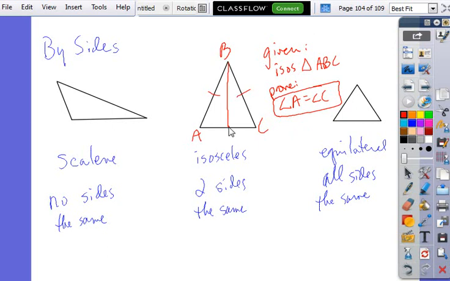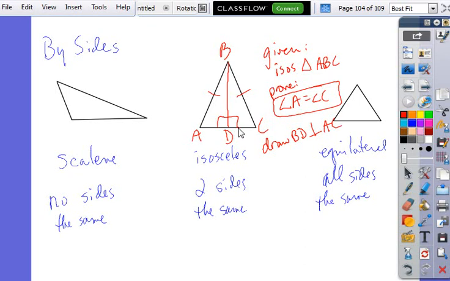Oh wow, that was so easy. So I would draw in BD. Remember how we did the drawing in on the other one? So I would say draw BD perpendicular to AC. Why do I need it to be perpendicular? What does that make it? Right angles. So now I can say I've got right angles. And then what else can I say?